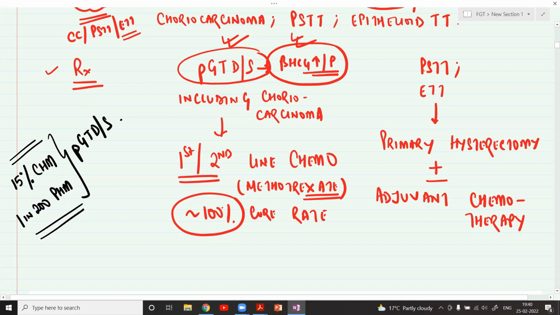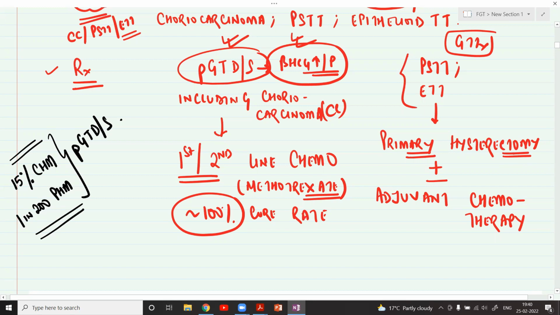Whereas whenever a tissue diagnosis of GTT is made, always remember, under GTT, CC also comes, but CC along with persistent gestational trophoblastic disease are treated with chemotherapy. Whereas the other two entities, PSTT and ETT, are treated with primary hysterectomy plus or minus adjuvant chemotherapy.